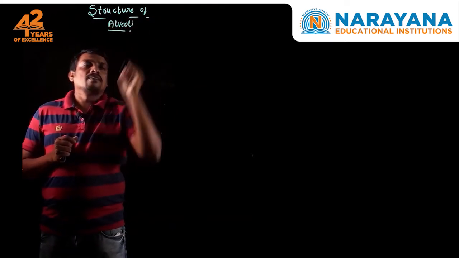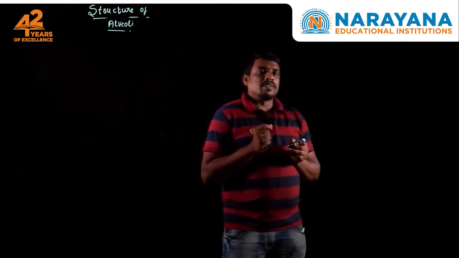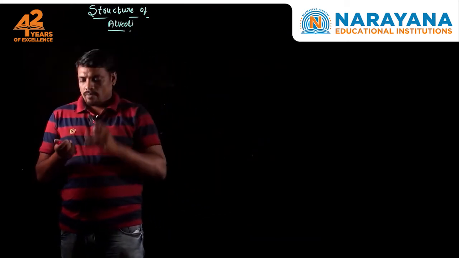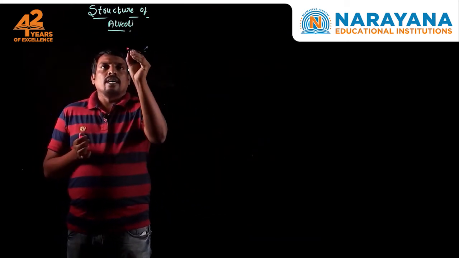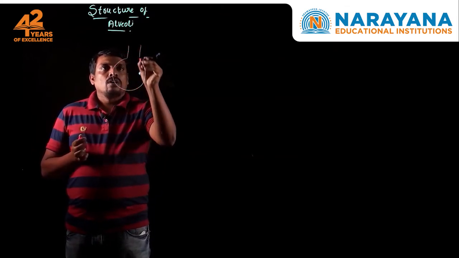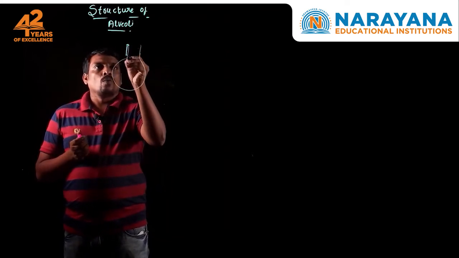The typical alveolus has a specific structure. Let us see the structure of alveoli. If you see carefully, an alveolus is a sac-like structure. It is one cell thick.